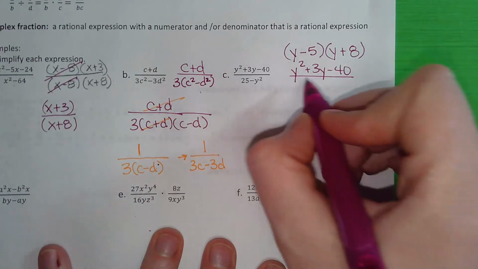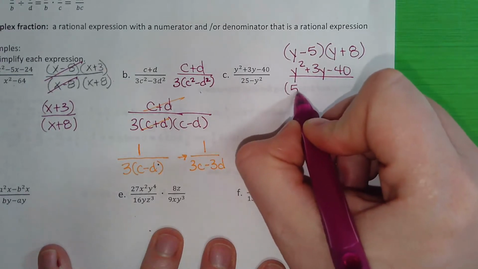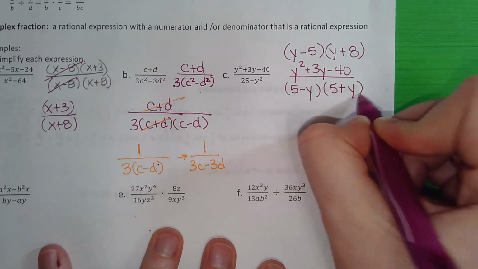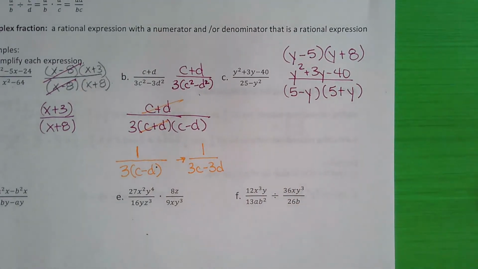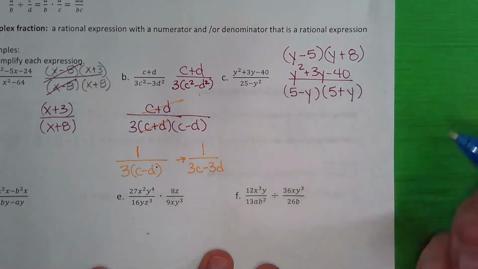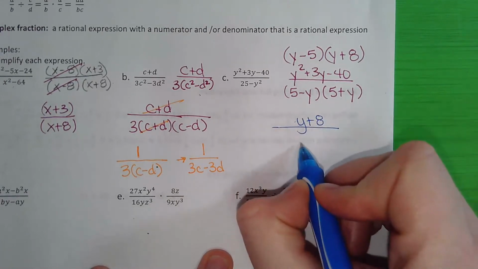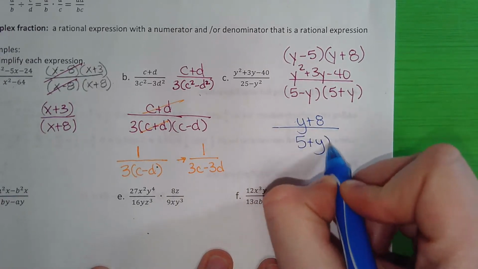And on the bottom, difference of squares, that order does matter, so it'd be 5 minus y and 5 plus y. And what we're looking at is we're trying to see if we can cancel anything out. That y plus 8 and 5 plus y does not change. So y plus 8 would stay, and 5 plus y is going to stay.